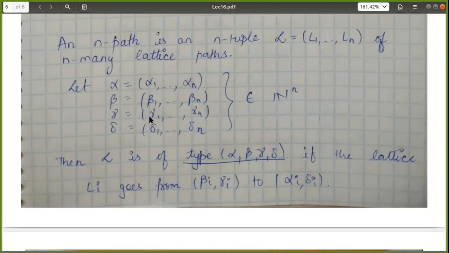So (beta i, gamma i) is one point in N raised to 2, and from that point you have to go till (alpha i, delta i), which is another point in N raised to 2. That is the lattice path Li. Like this, you will have n lattice paths, and together these n lattice paths form an n-path.